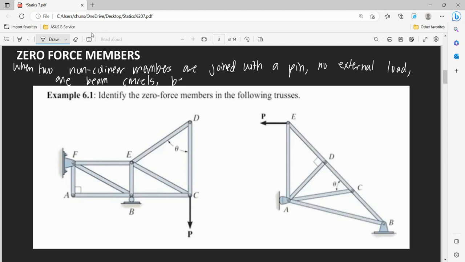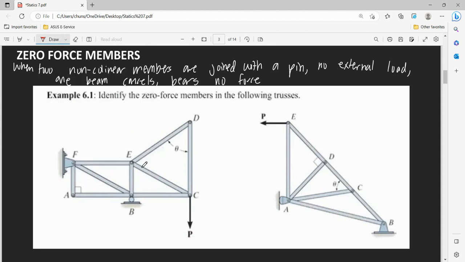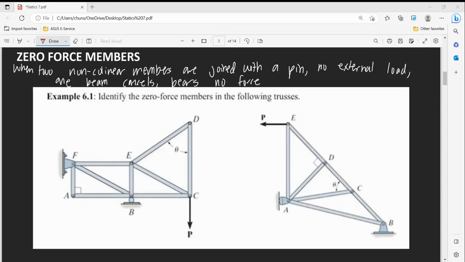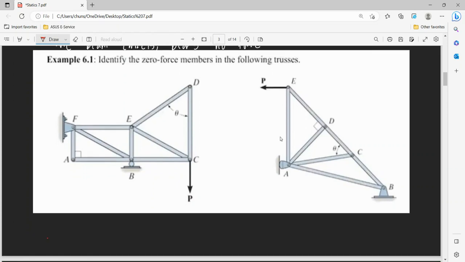And bears no weight, bears no force. So remember, non-collinear means that they are not in the same line.